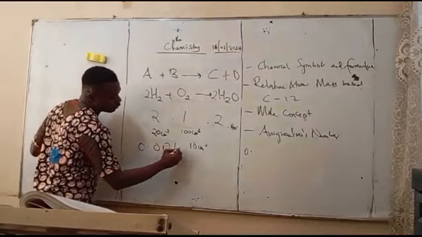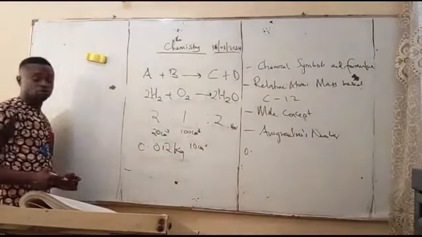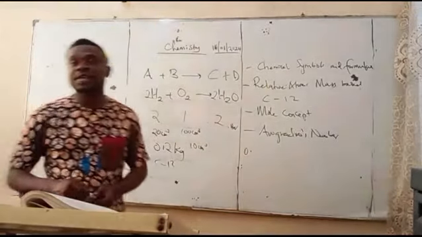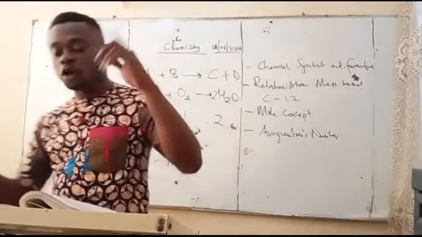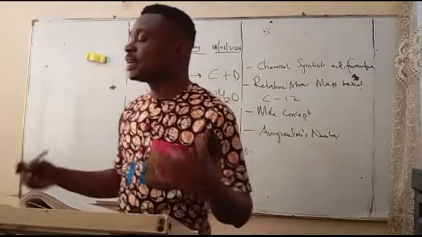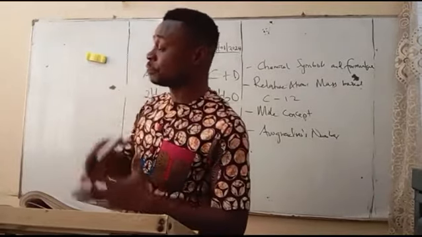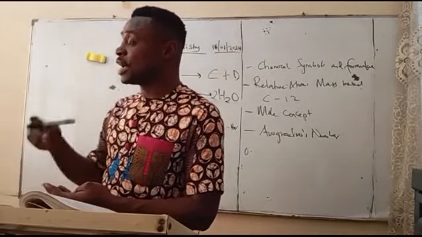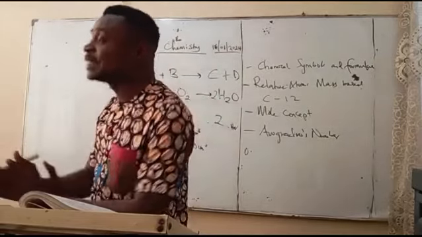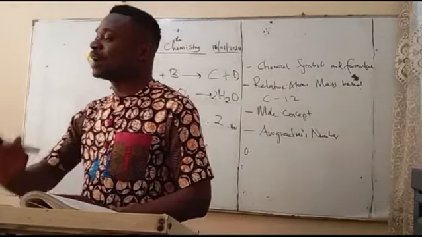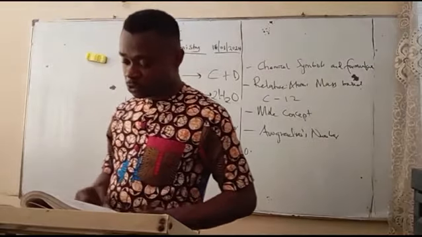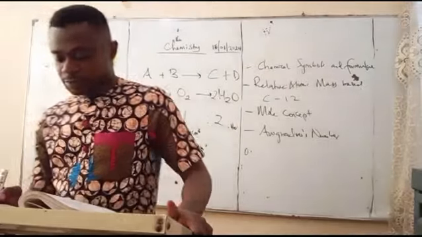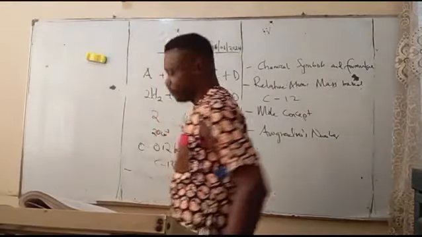So when you say 1 mole of a substance, it is simply the amount of that substance that has the same elementary particles as contained in 0.012 kilogram of carbon 12 atoms.